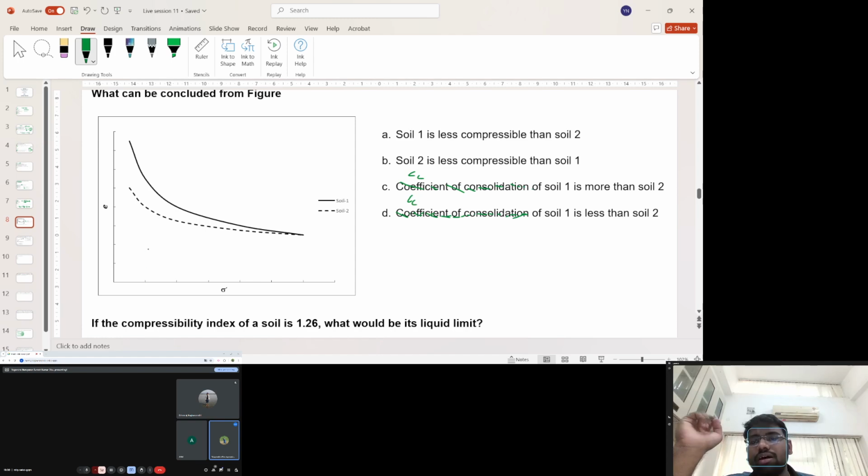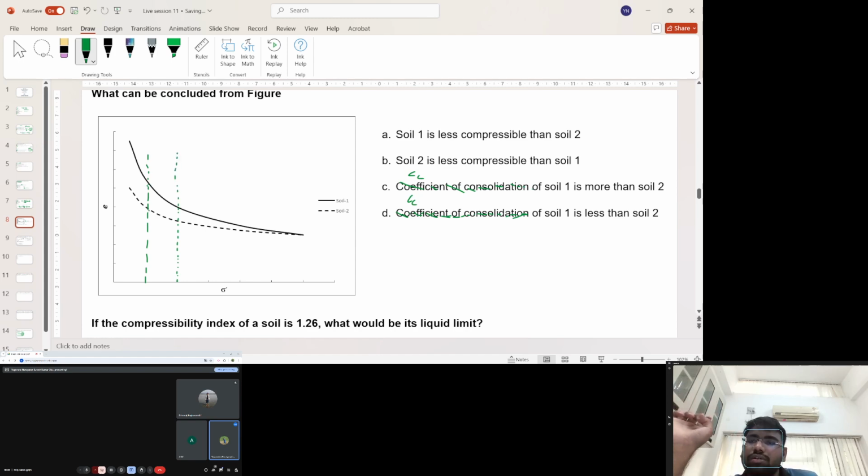Obviously we compare it with the slope, right? So here we take an equal interval of sigma dash for both cases. This is the interval we consider for both the soils. Understood? Yes, sir.